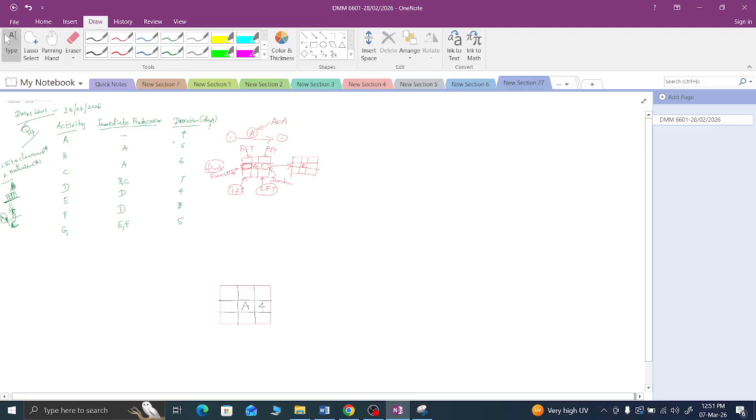After A, B is starting, and also C is starting. So I am putting B and C here, right? So what I am going to do is divide them in this way.